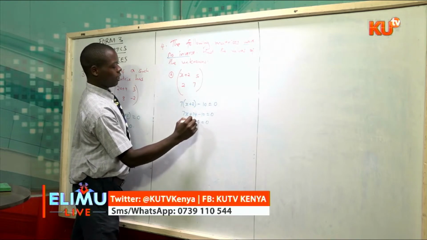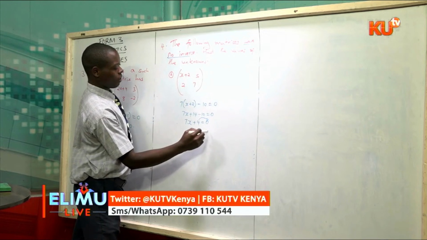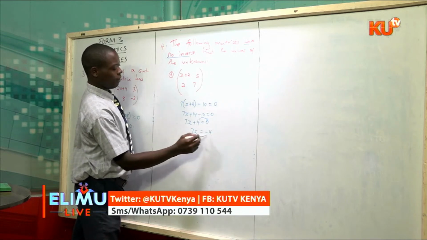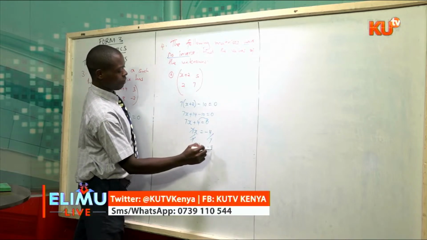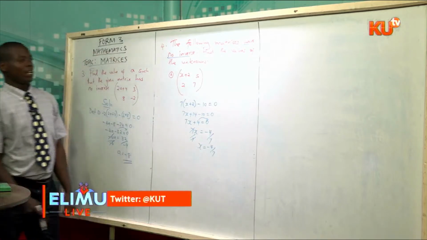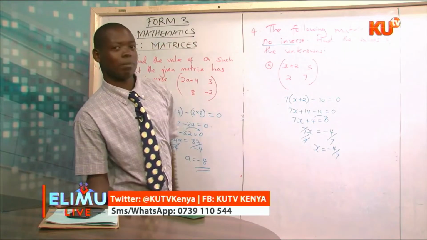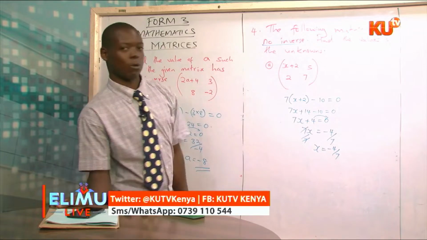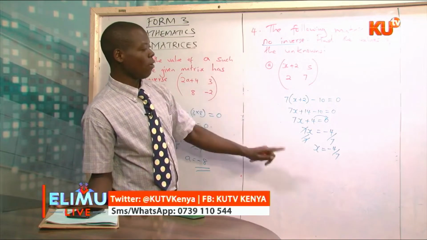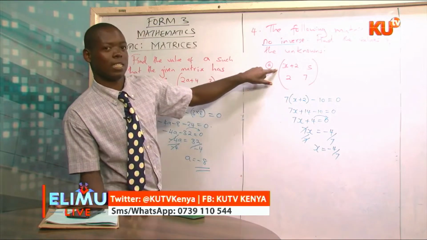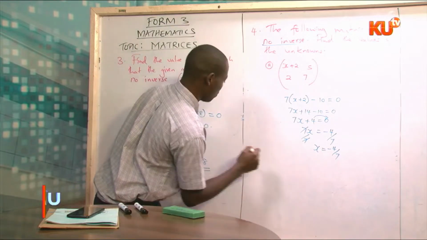Then take this to the right side. 7X is equal to minus 4, divide by 7 over 7. This cancels, so X is equal to minus 4 over 7. And if you replace X with minus 4 over 7, you'll still find the determinant of this matrix to be 0. So that is the first case, where we are determining the value of X for which this matrix has a determinant of 0.